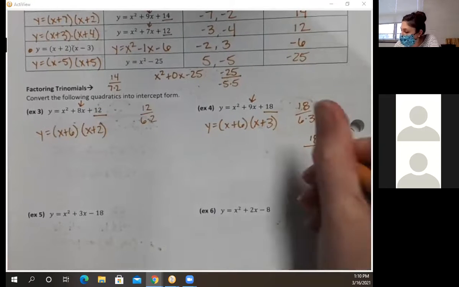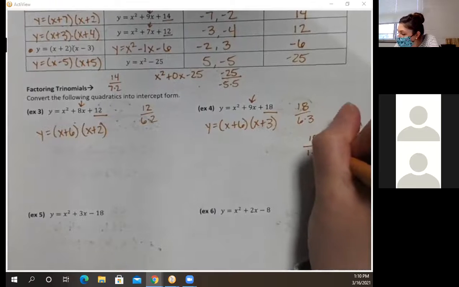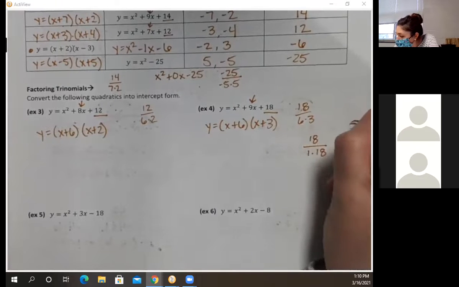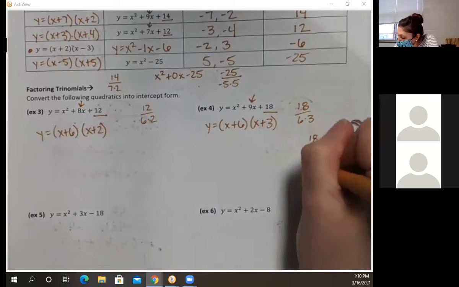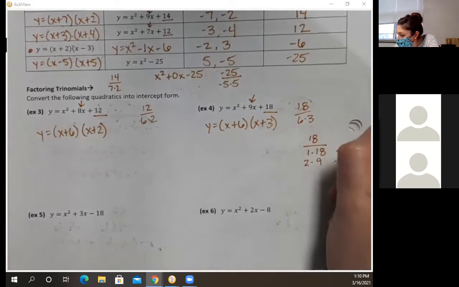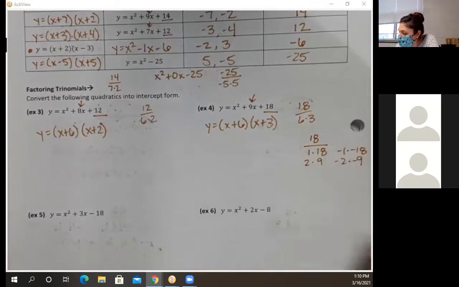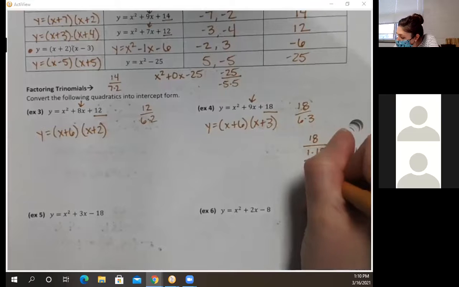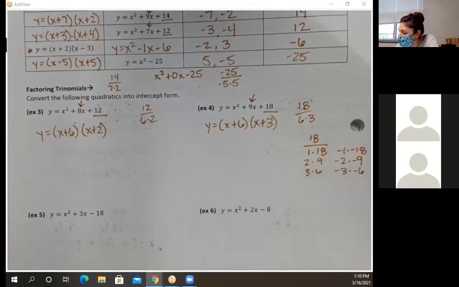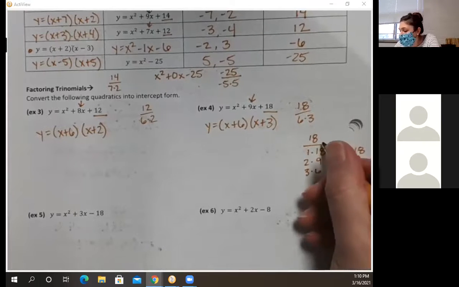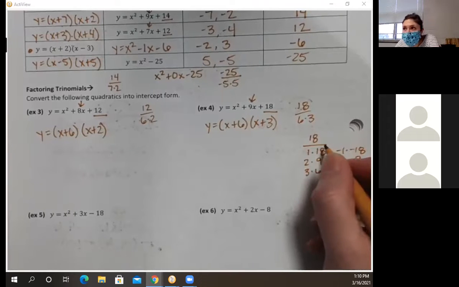Remember, go in order. So 1 times 18, or -1 times -18, and then 2 times 9, or -2 times -9, 3 times 6, -3 times -6. I can't evenly divide 18 by 4, so I would skip 4 and 5.